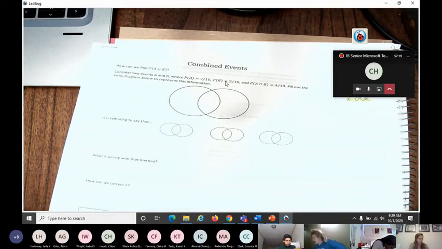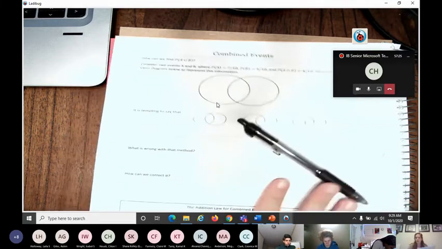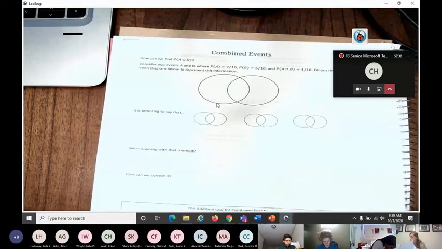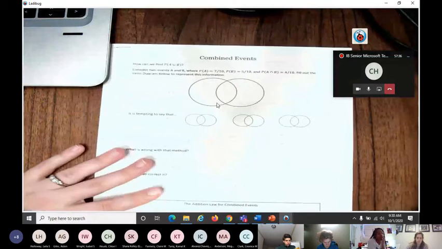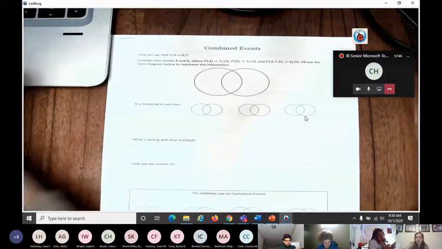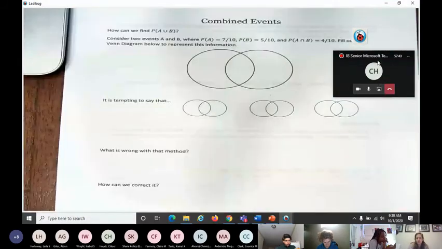Let me put all this practice stuff away and find my pen, and we can get started on combined events. Any questions while I'm reorganizing myself? Oh, wow, it's so bright. Maybe if I zoom in, it's a little better.